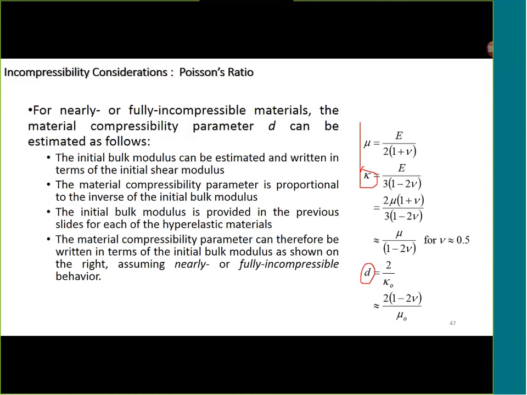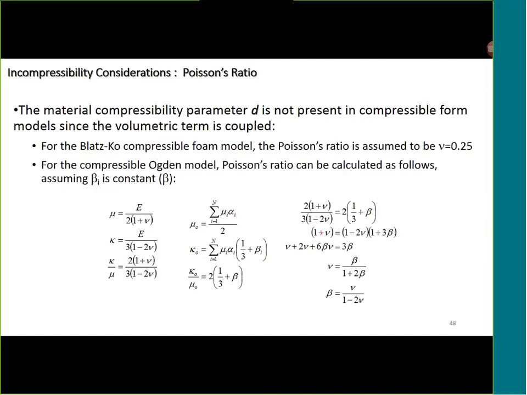Vary the Poisson's ratio from 0.3 in increments of 0.01 up to something close to 0.5, and see how sensitive the bulk modulus is with respect to Poisson's ratio for a particular G value. You have to do this study in an Excel sheet to have a feel for that.